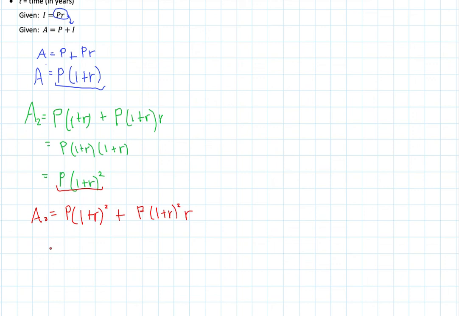And as you can see, when I factor out this common factor, then I'm left with 1 plus R, and I can rewrite it as this. So what's happening is every time I'm compounding it, that becomes my exponent.